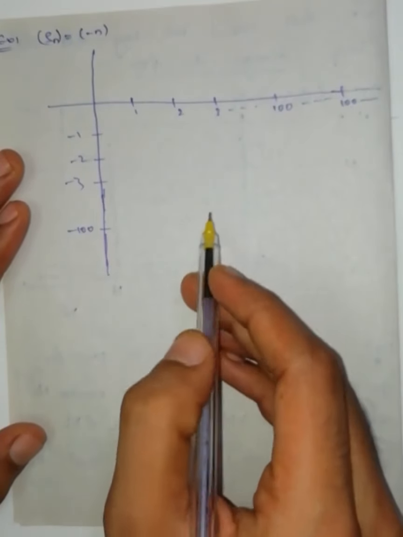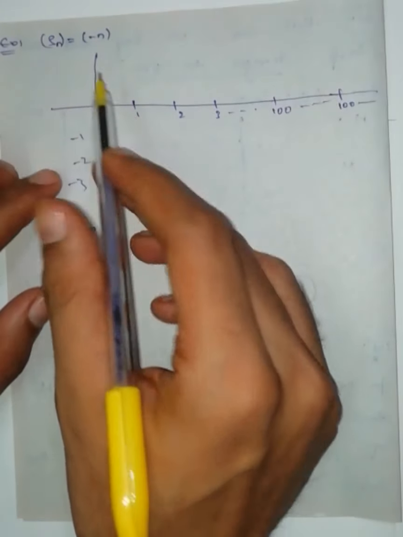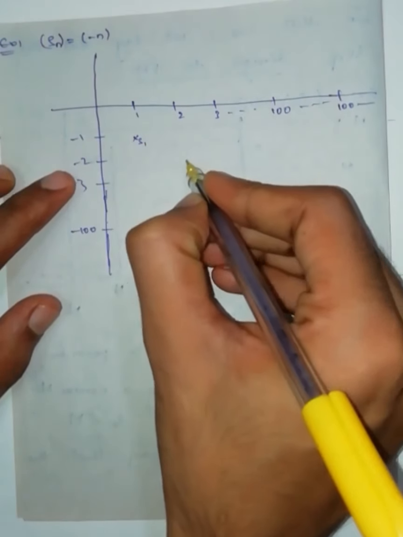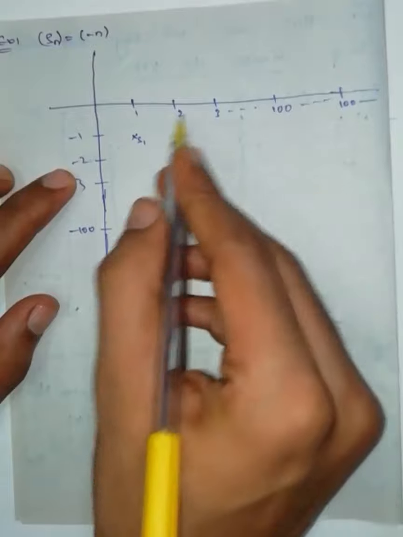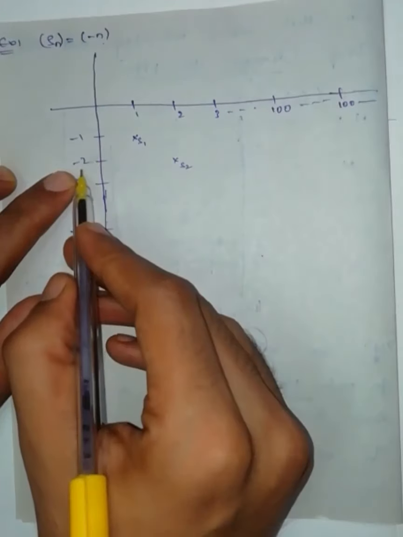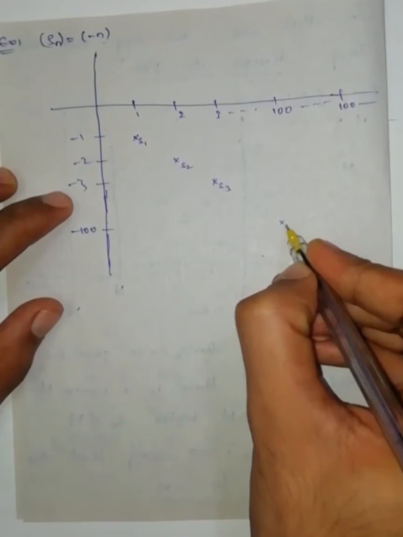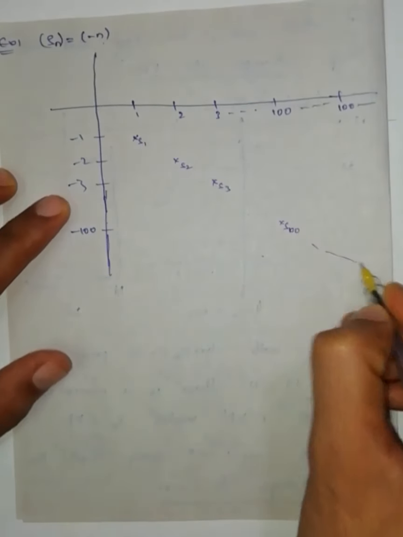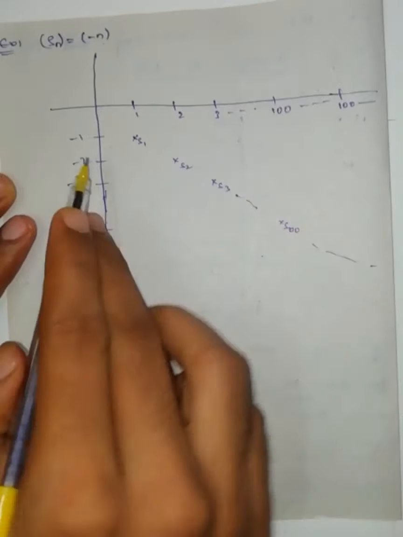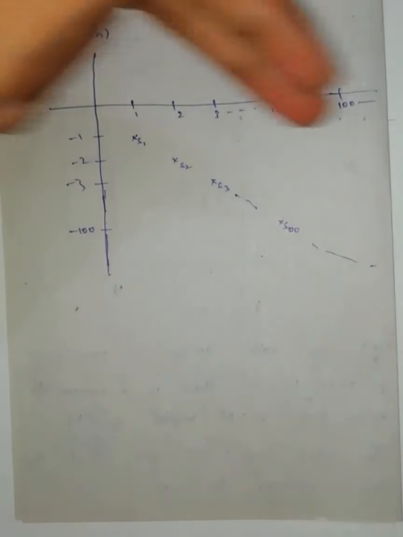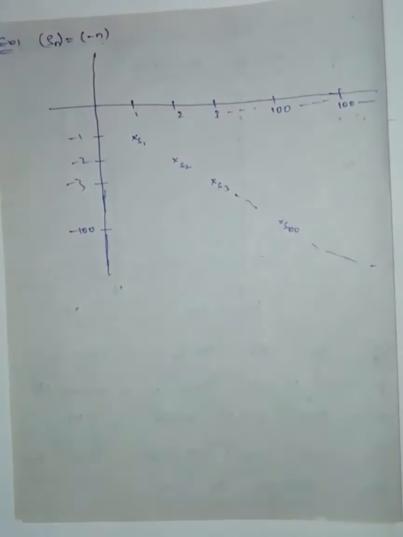If I take n equal to 1, I get S1 as minus 1. For n equal to 2, minus 2, that is S2. Then S3, S100, and so on. These are the terms of the sequence. As n tends to infinity, the terms go to minus infinity. Therefore, the sequence diverges to minus infinity.